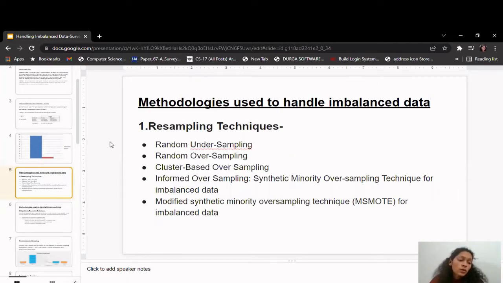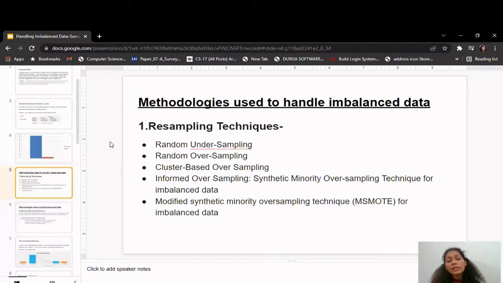So in today's video, we are going to talk about some famous technologies in order to handle the imbalanced data. And afterwards, we are going to switch on the code and compare some popular technologies by which we are going to conquer the problem of the imbalanced data issue.